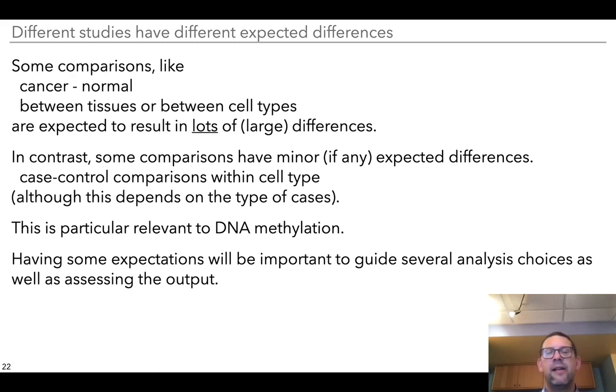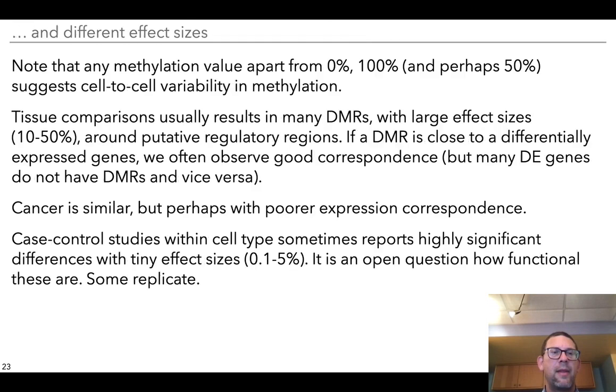Having some expectations on this really is important when you do quality control of your data, and it helps guide several analysis choices. But the gamut, or range, of expected differences is quite vast within the DNA methylation area. There are also different effect sizes.